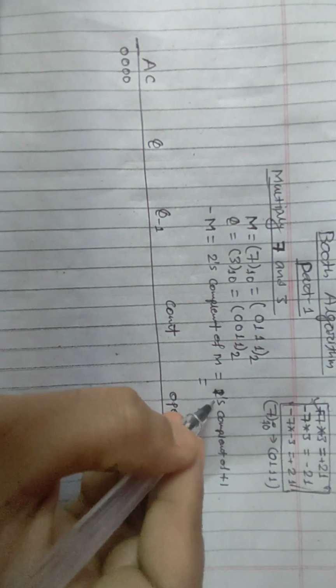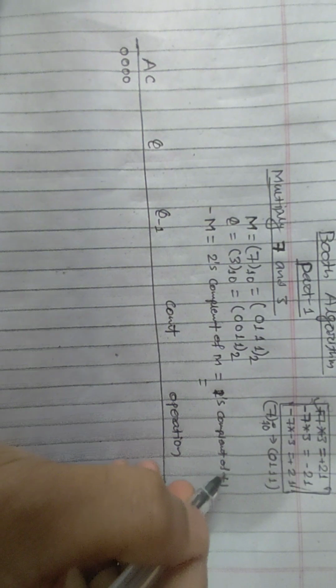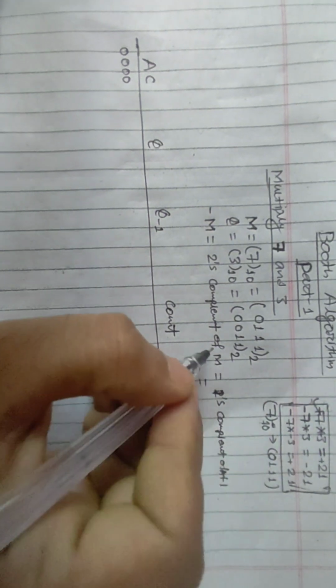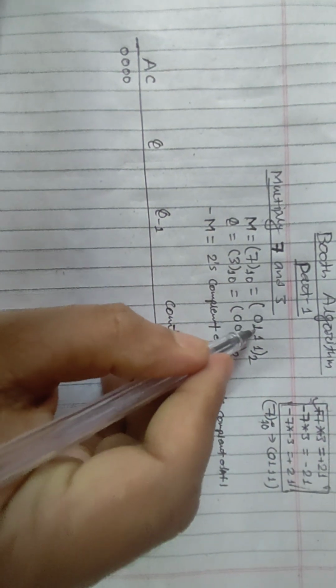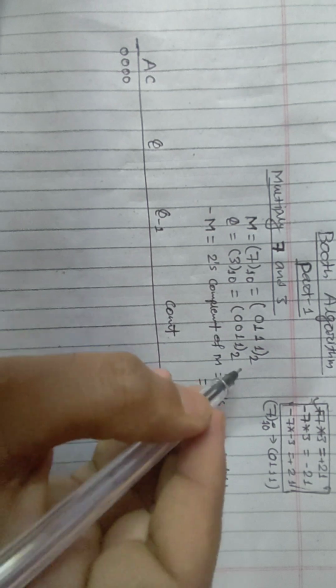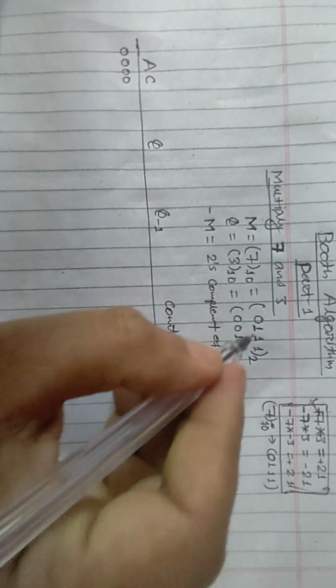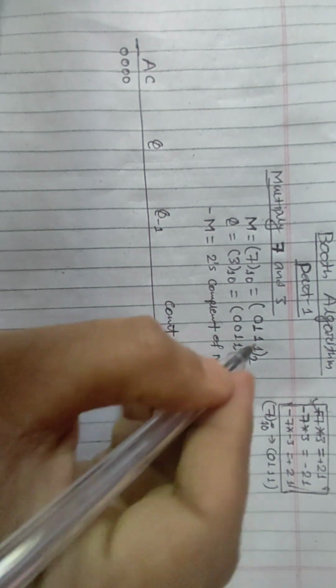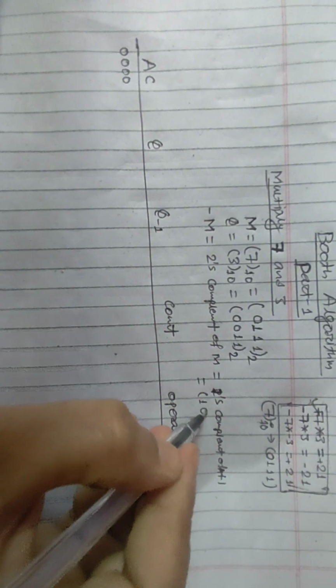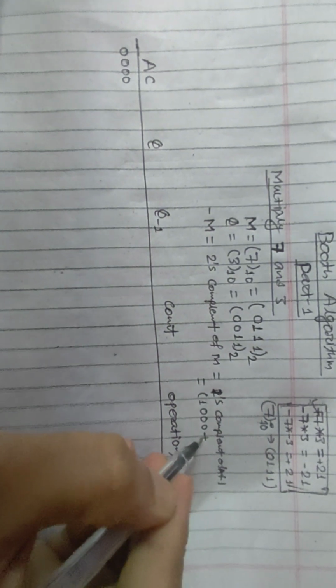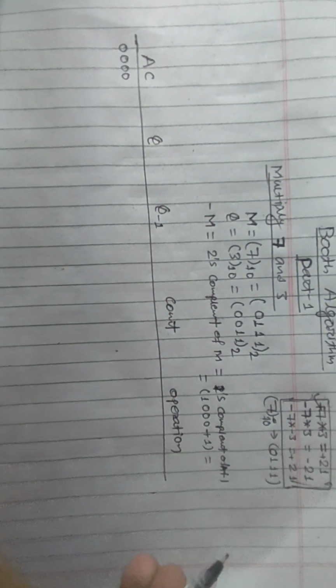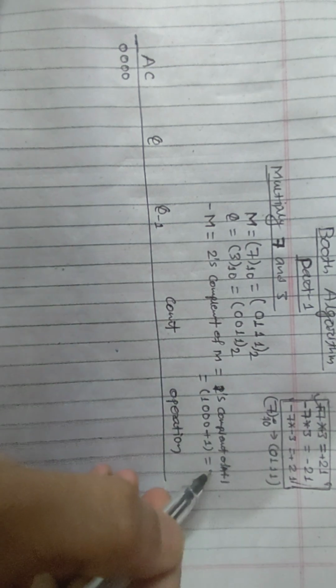And what is the 1's complement of m? It is simply inverting these values. If it is 0, we make it 1, and if it is 1, we make it 0. Then after adding this 1, it becomes the 2's complement of m, and the 2's complement of m is minus m.